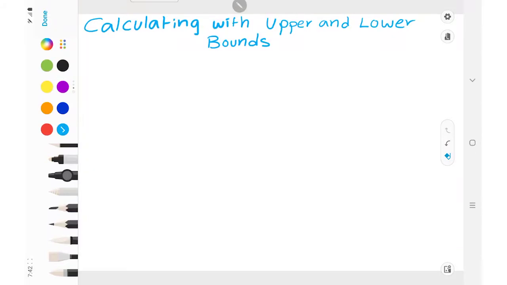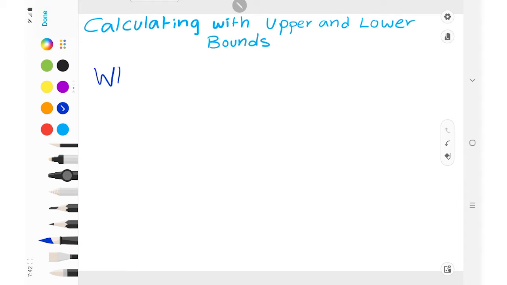Hello everyone, today I will explain about lower and upper bound, and we will add how to calculate using upper and lower bounds. So first, I want to tell you when we need to multiply.